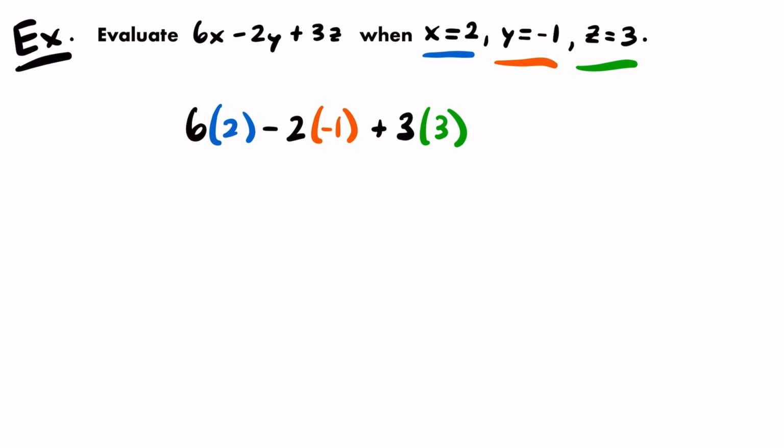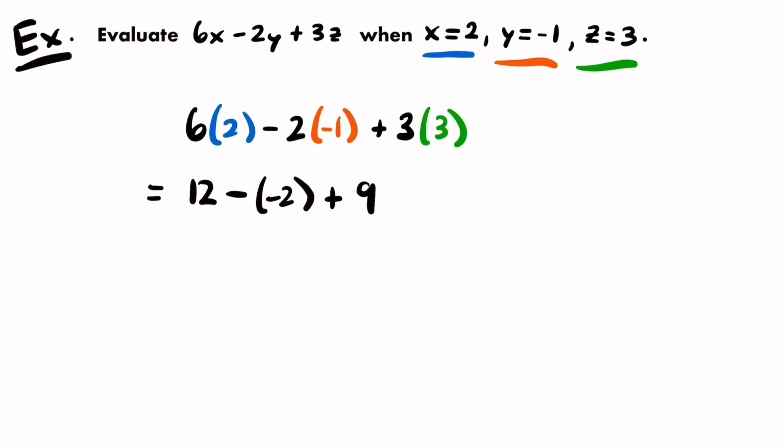6 times 2 is 12, so this is equal to 12 minus 2 times negative 1, which is negative 2, so we're subtracting negative 2. And then we have plus 3 times 3, which is 9, so we have plus 9. Then simplifying further, we have 12 minus negative 2. Remember that subtracting a negative number is the same as adding the positive version of that number.